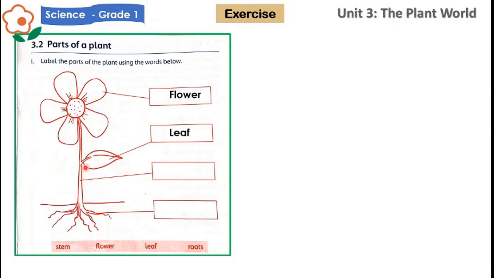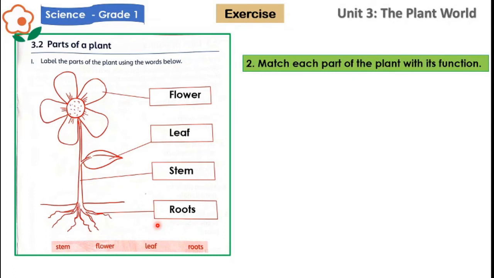Now this one which supports the plant is the part known as stem. In the end, here are some tiny structures which are anchoring the plant and absorbing water and minerals. These are roots. So, we have labeled it. The first part is flower, the second one is leaf, and the third one is stem. In the end, there are roots.